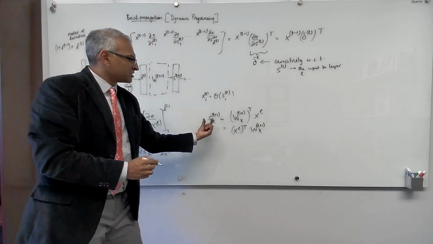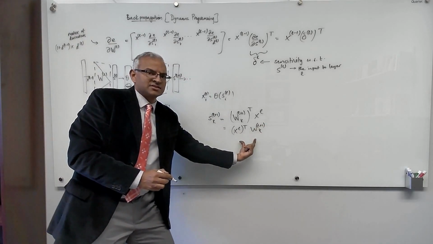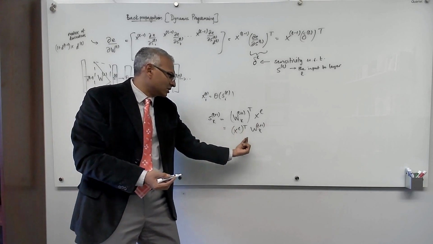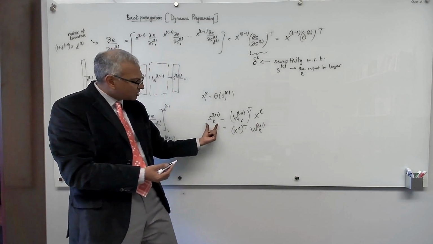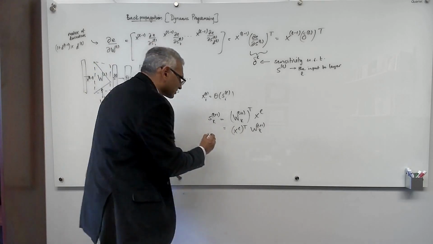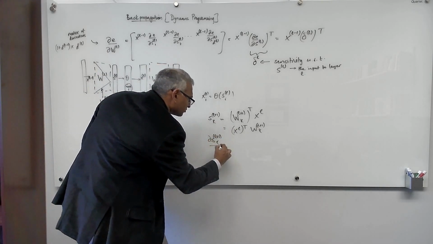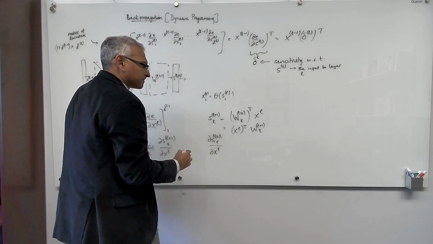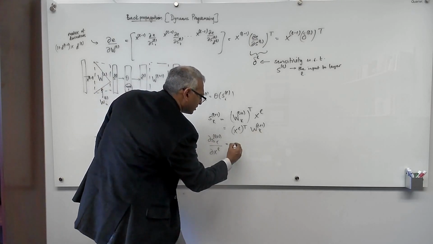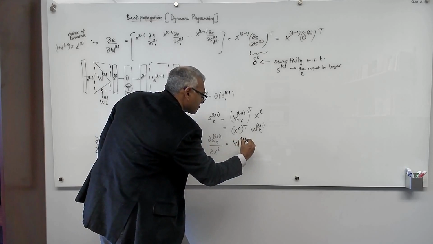This is a linear signal, which depends linearly on X as well as on W. So I want to take the derivative of this linear signal with respect to X. So the derivative of SL plus 1K with respect to XL is equal to WL plus 1K.